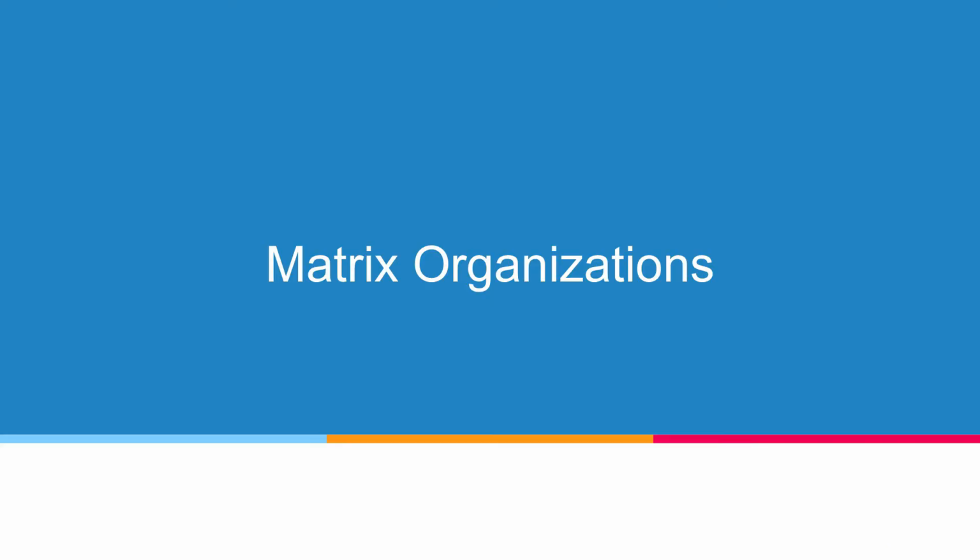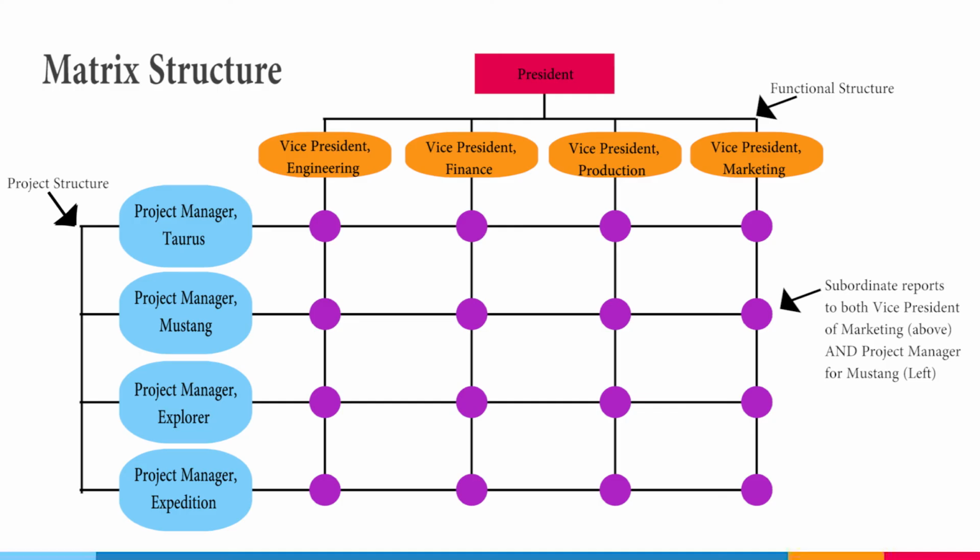Next, we'll examine matrix structures, a combination of functional and divisional approaches. The matrix structure combines functional and divisional organization structures. Employees are grouped by function to become more skilled and productive. In addition, employees are grouped into teams to serve a particular product or project.